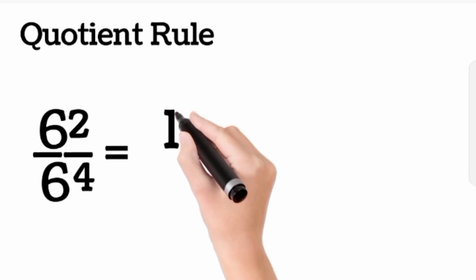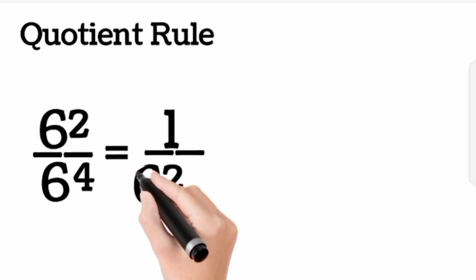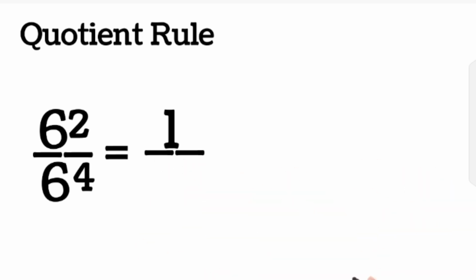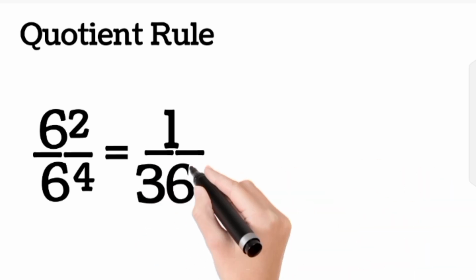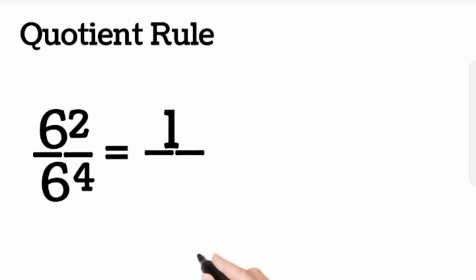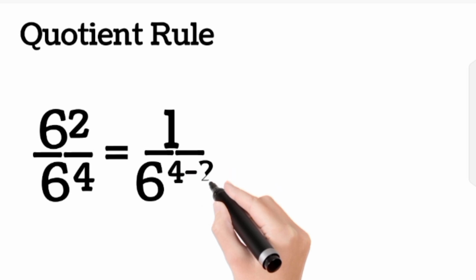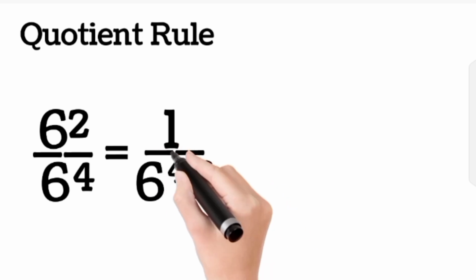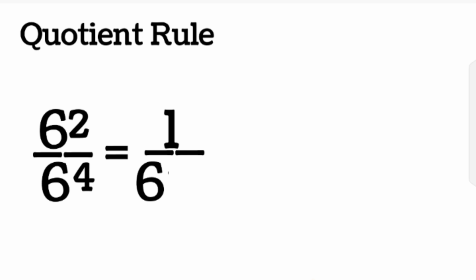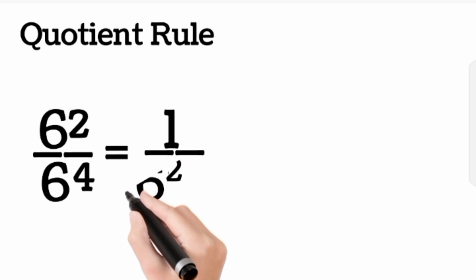So we have 1 over 6 squared, or 1 over 36, which is similar to putting 6 to the power 4 minus 2 in the denominator, which equals 6 squared, and 6 squared is still 36.